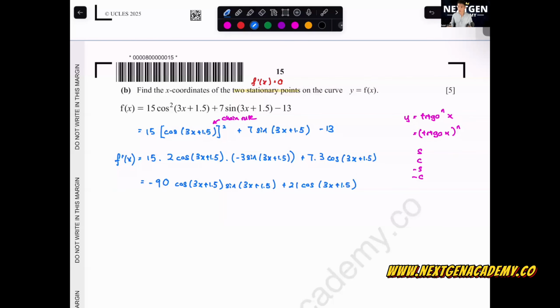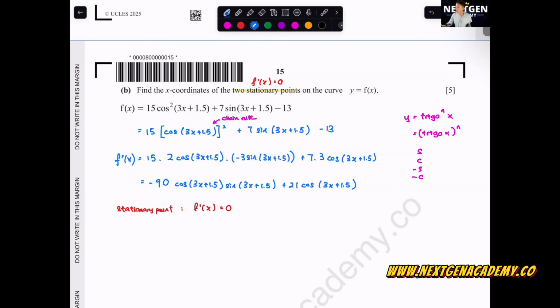Since this one is a stationary point, we're going to put f prime x equals to 0. Stationary point is f prime x equals to 0. We solve for this. This one we can factorize.